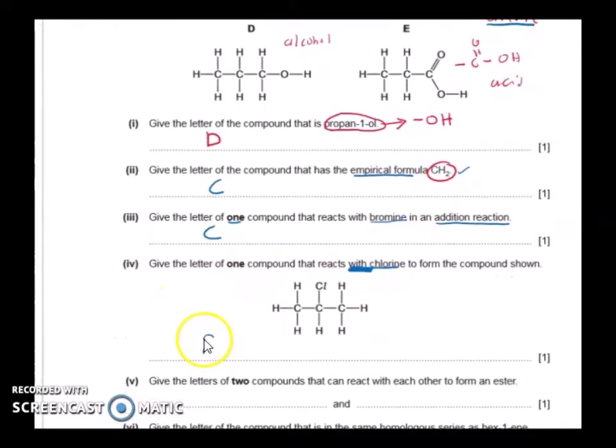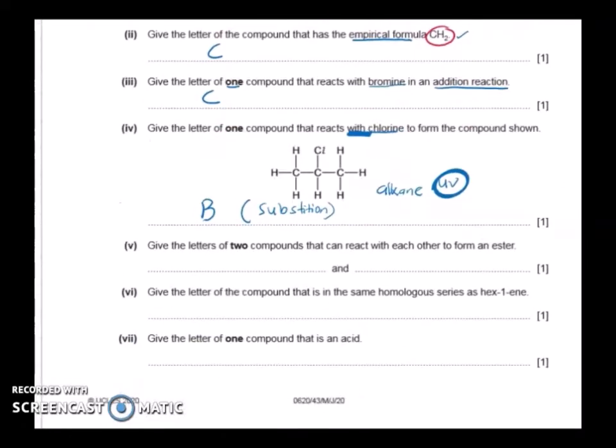If you want to know the process, maybe I can add it over here. This is a substitution process that only happens to alkanes with the help of UV light. Okay, this is additional information.